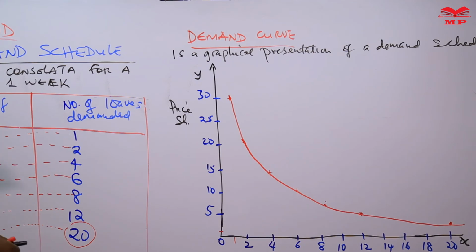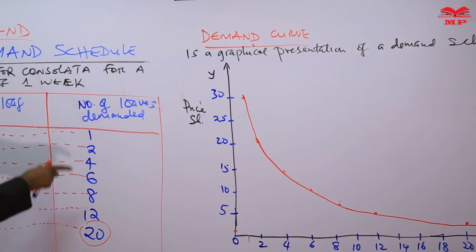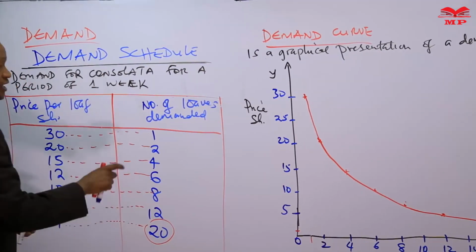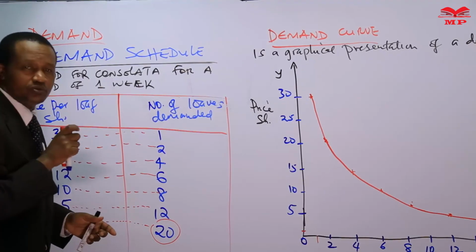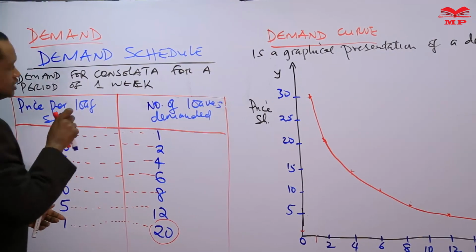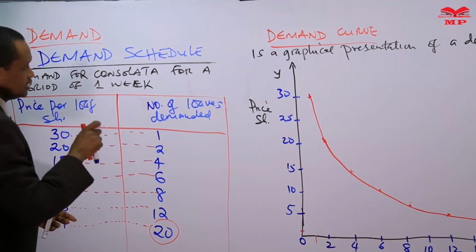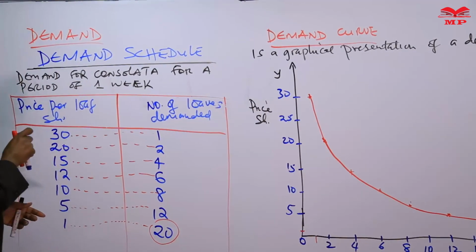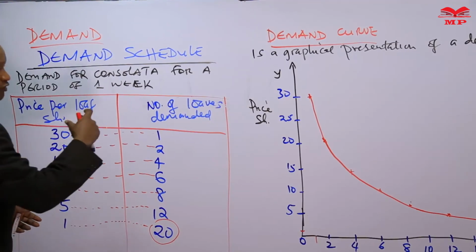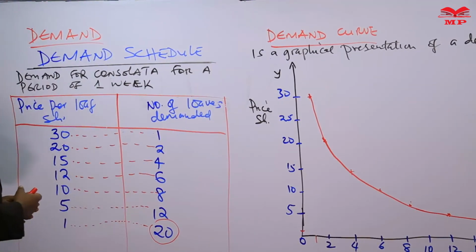So what you have done here is to present the information in a demand schedule, and we said a demand schedule is simply a table showing the quantities of a commodity demanded at different prices over a given period of time.